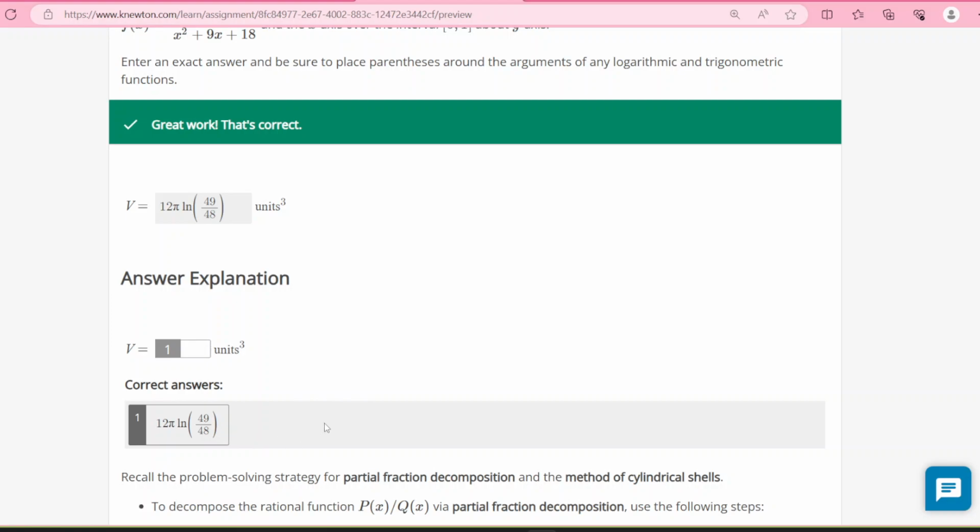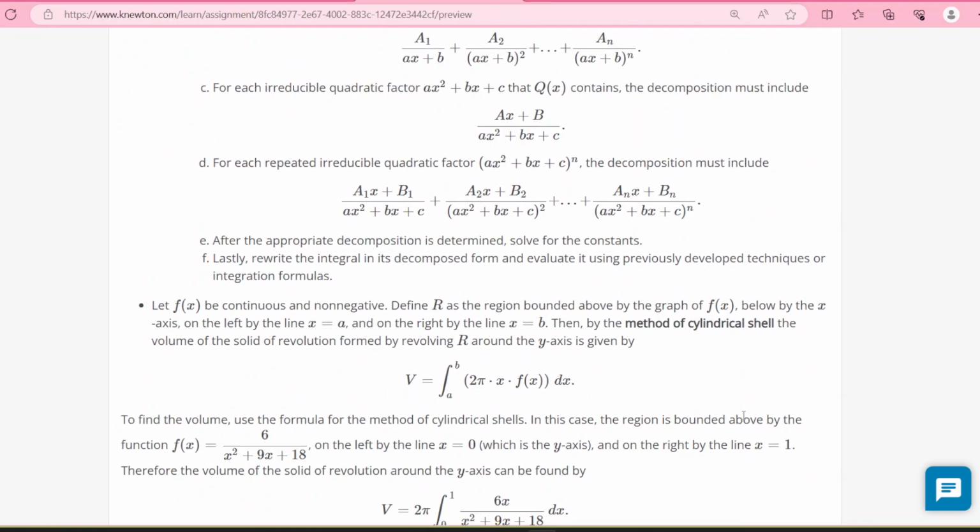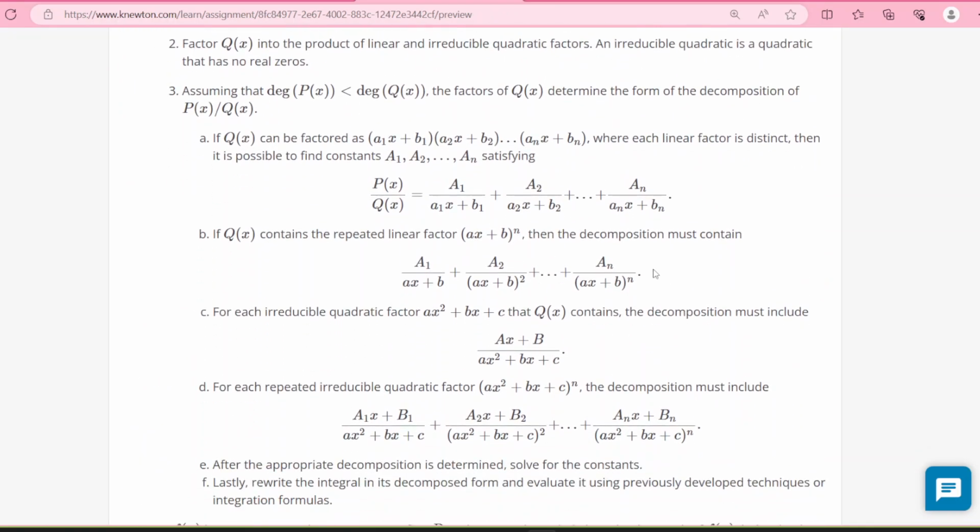Wonderful. But like I said, if you typed out the entire thing I had earlier without putting it all together with properties of logarithms, it still should have given it to you because they are equivalent numbers. Great. And once again, all the how to write out the partial fraction decompositions in the 4 different cases here.